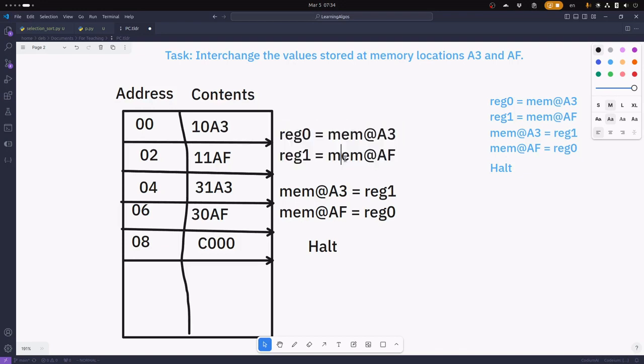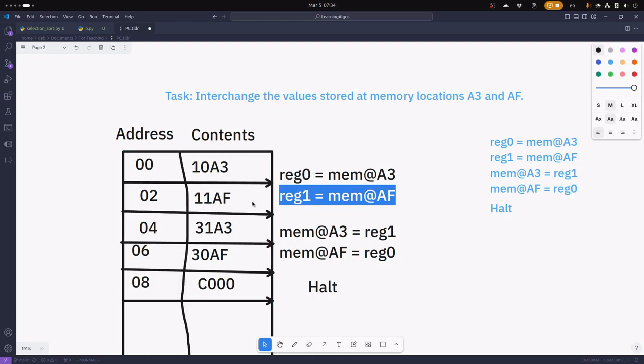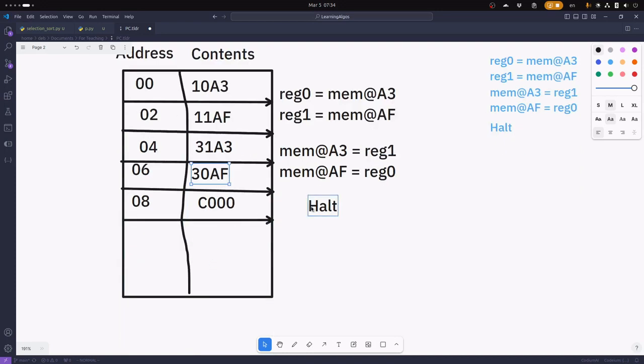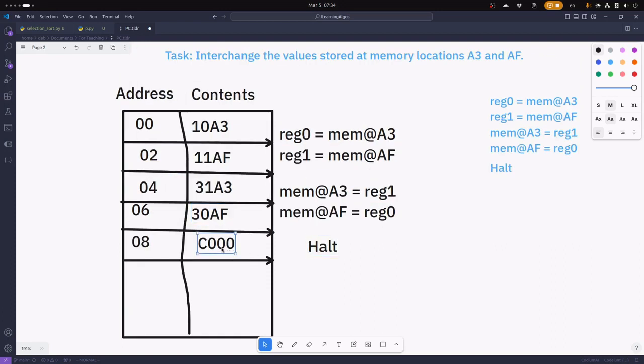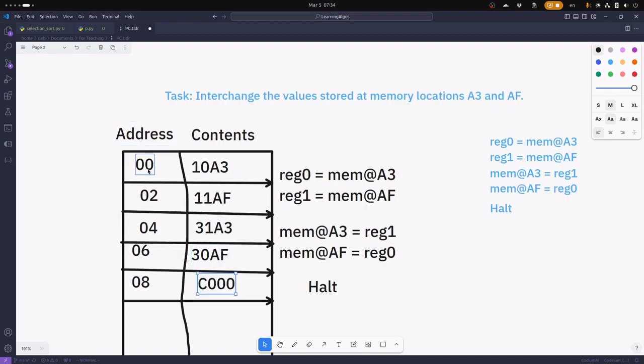Then I converted this line to machine instructions and it became this, and then I converted this line and it became this, and I did the same thing with this line and we got this. After that we have to halt, and this one is the instruction for halt. And these are the addresses where we placed the instructions.